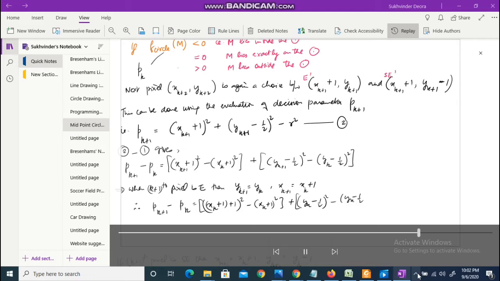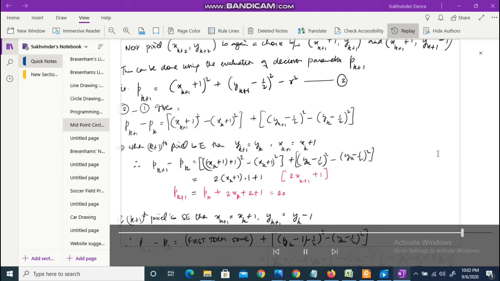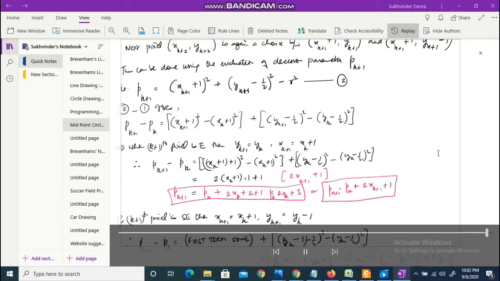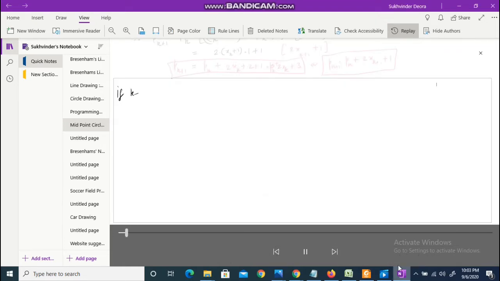So when you evaluate the squares, you can check that it evaluates to 2 into xk plus 1 plus 1, or if you evaluate in terms of the previous value of x, it will be 2 into xk plus 3. So these are the squared bracketed values which you get in the pink boxes.